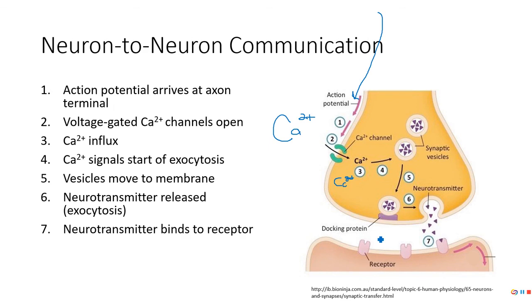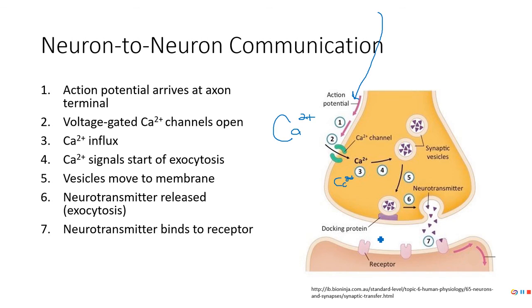Now, it's not necessarily going to. It's not like there's a magnet or a tractor beam, or whatever you want to say, that pulls the neurotransmitter from the presynaptic neuron to the receptor. That neurotransmitter can go anywhere. It can go any direction. And if it happens to run into a receptor, that's great.